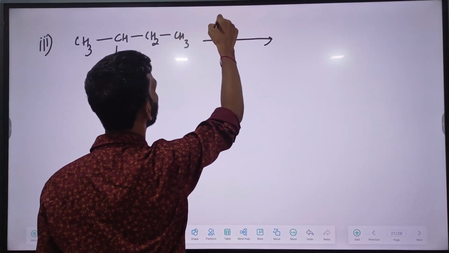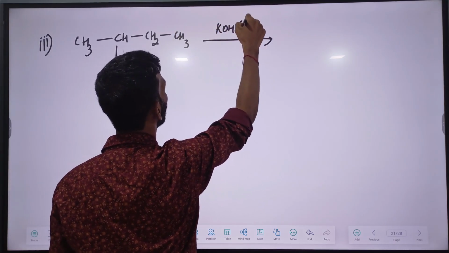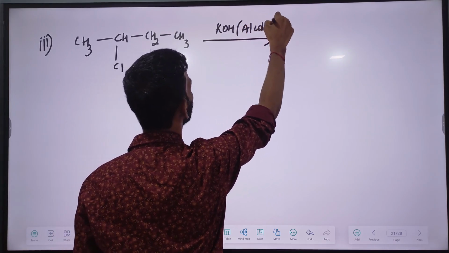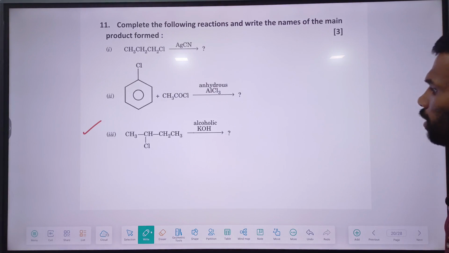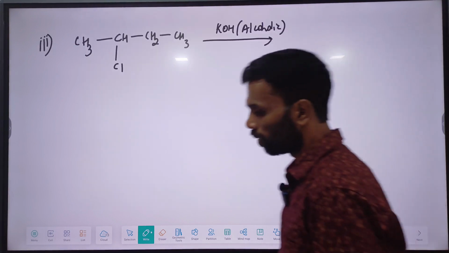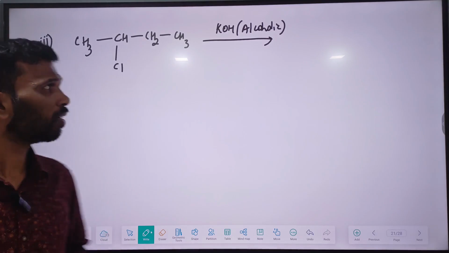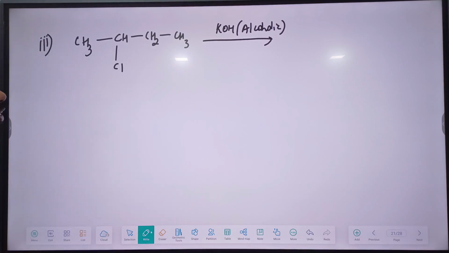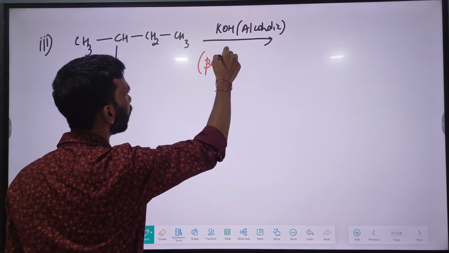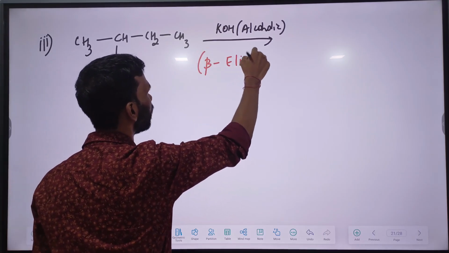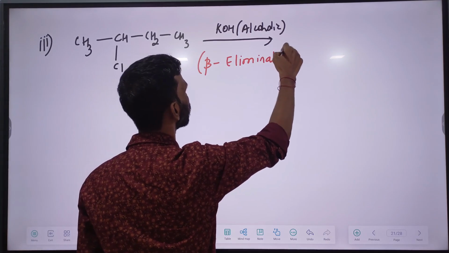And they have given KOH, alcoholic. Or sometimes they will write the alcohol, ethanol, methanol, something like that, alcoholic. Understand, over here an elimination is taking place. What reaction is this? Beta elimination reaction.